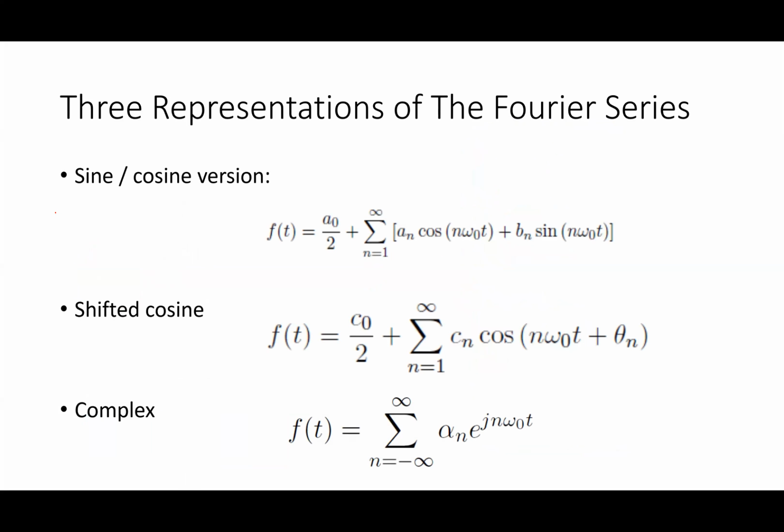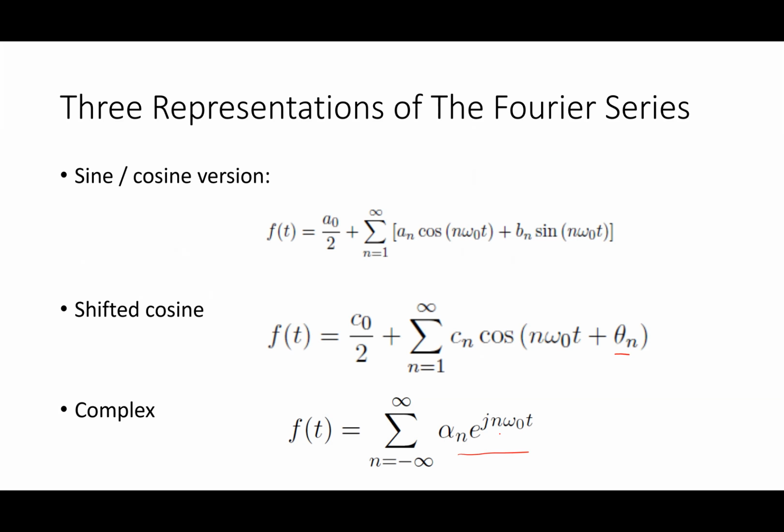Now, what I said earlier on is that with a Fourier series, the idea is I can take any periodic waveform and represent it as a linear combination of periodic basis functions. And I defined for myself 3 sets of these basis functions, one being cosine and sine, one being cosine with a shift, and the other one being the Euler identity.